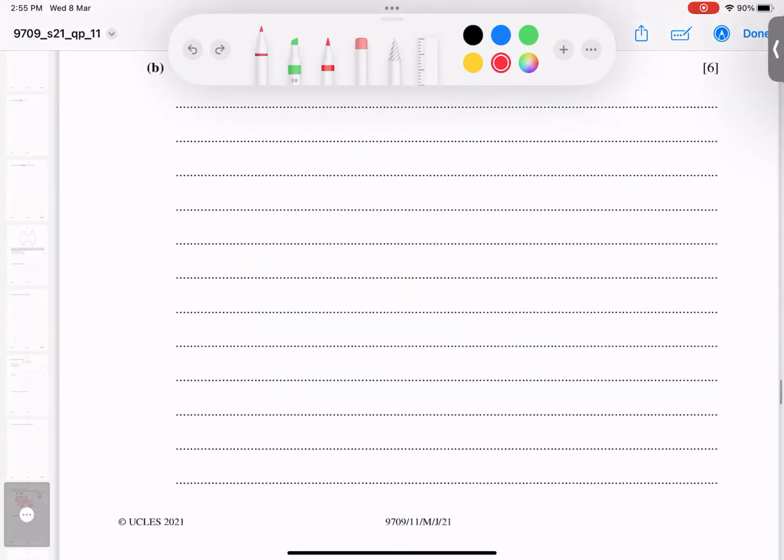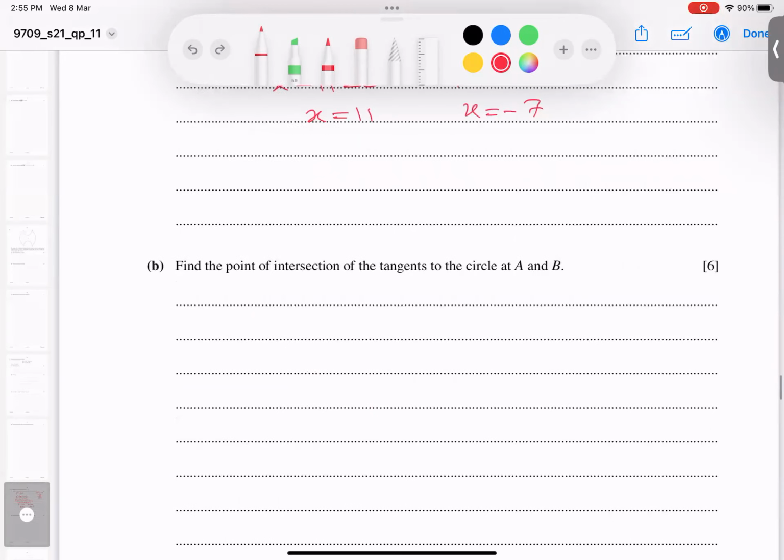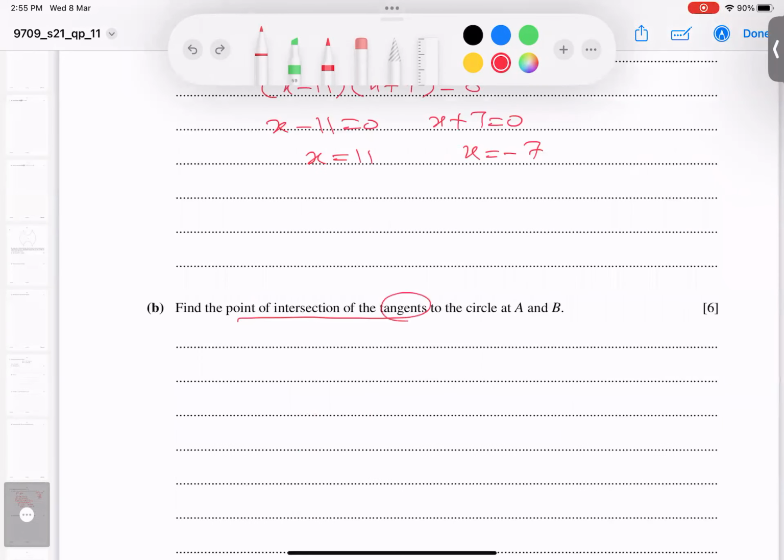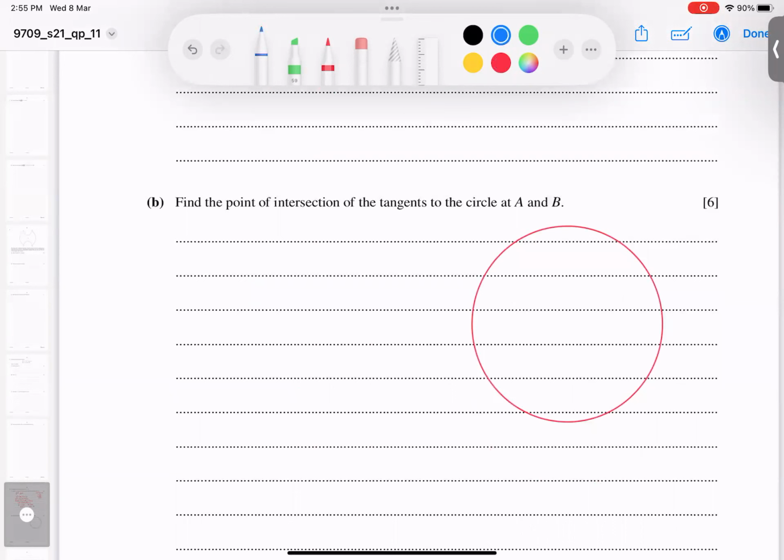And now let's go for the next. Next, he is asking for the point of intersection of the tangents at A and B. It means I will show you the concept of what he is asking for. This is a circle. And let's say this is the x-axis.